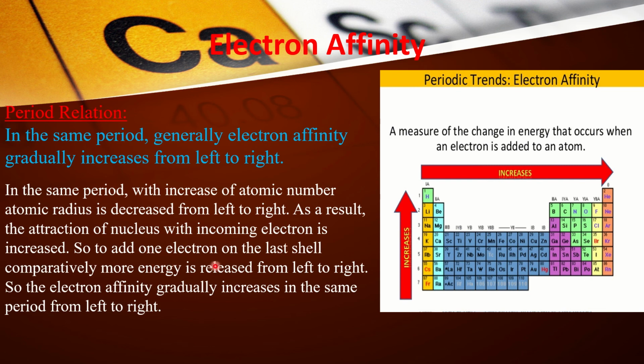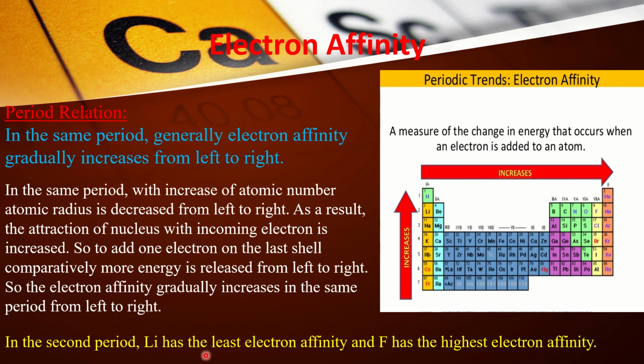So to add one electron on the last shell, comparatively more energy is released from left to right. When nucleus attracts the electron more, then atom will release more energy. So the electron affinity gradually increases in the same period from left to right.